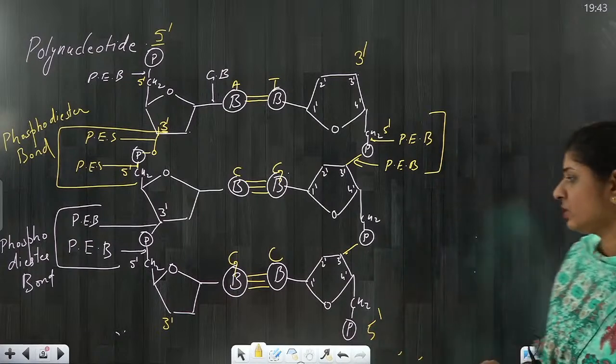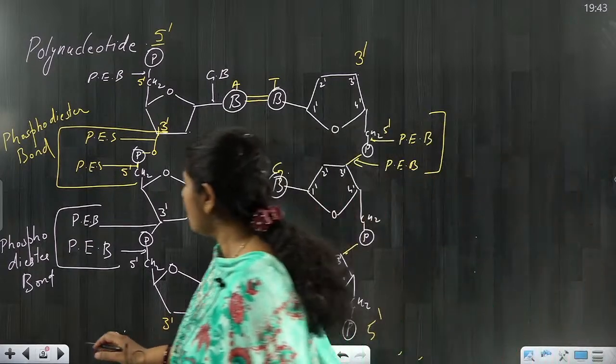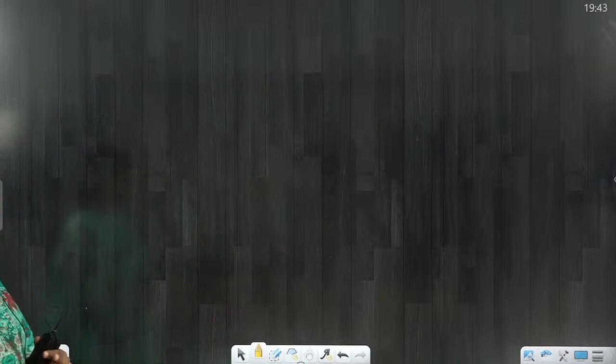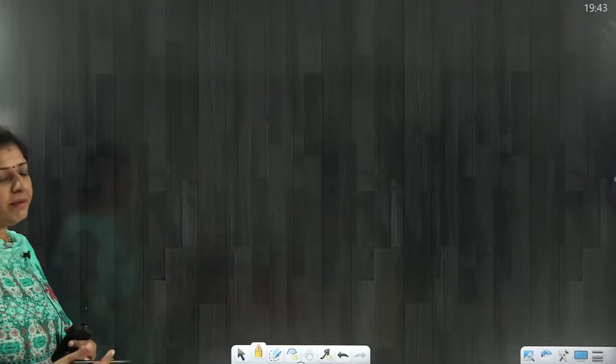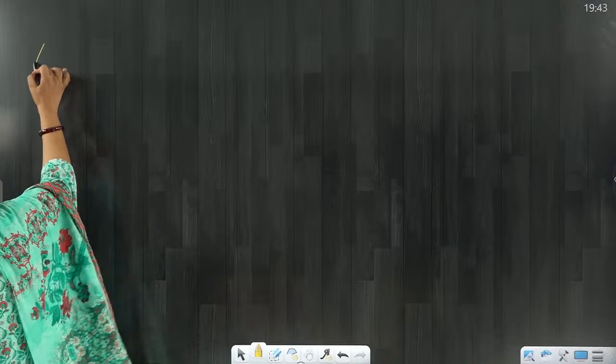Now let's check some of the salient features of the DNA model or double helix model given by Watson and Crick.